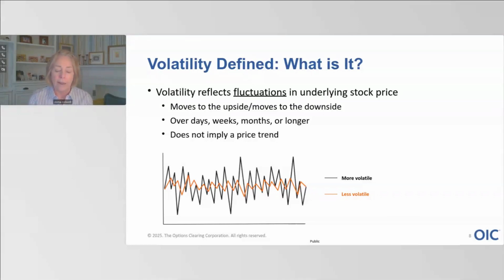And this little diagram here is a nice indication of the differences, right? So more volatility, we're going to see these up and down dramatic moves in the marketplace. And the less volatile products, we're going to see less movement in the marketplace.